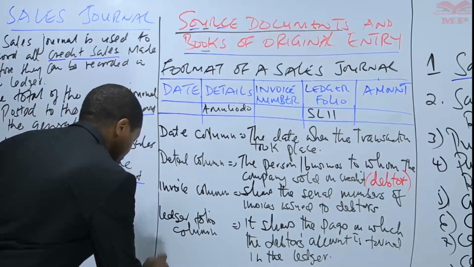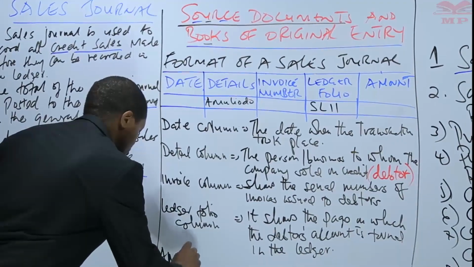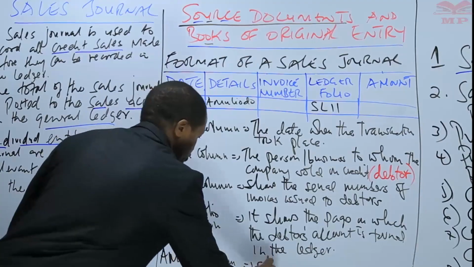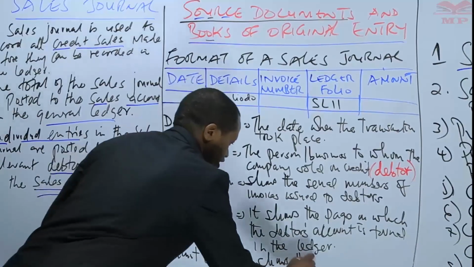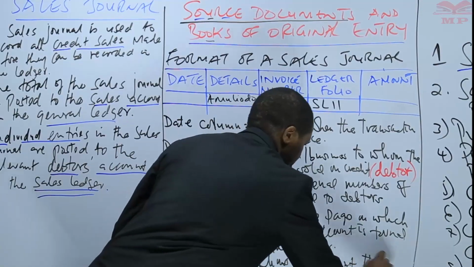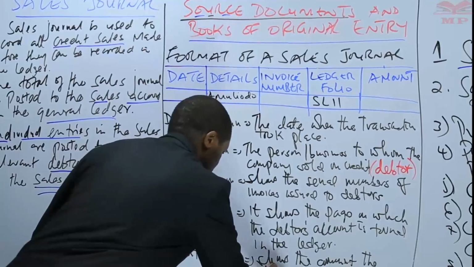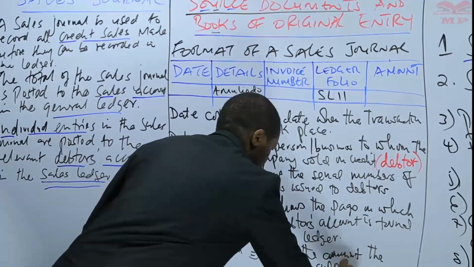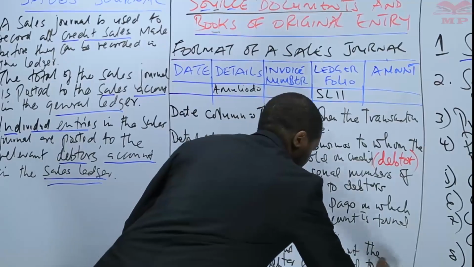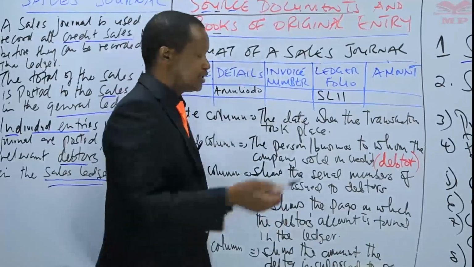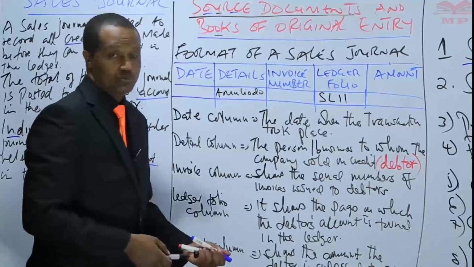The amount column shows the amount the debtor is supposed to pay. Because when you sell to a debtor on credit, at some point in future, the debtor has to pay.